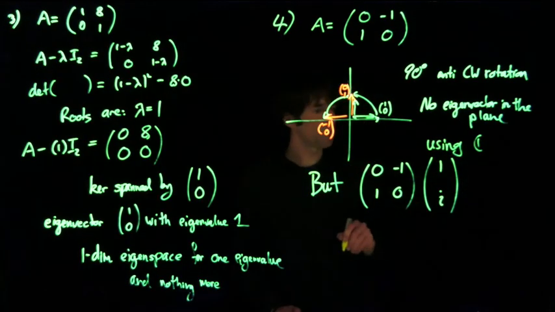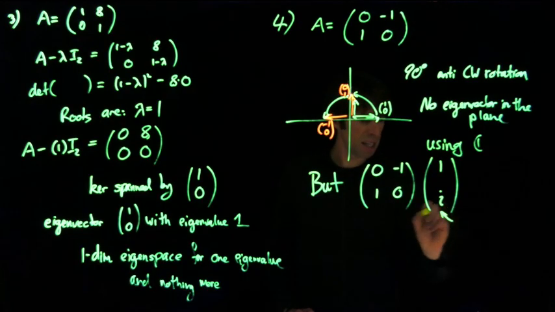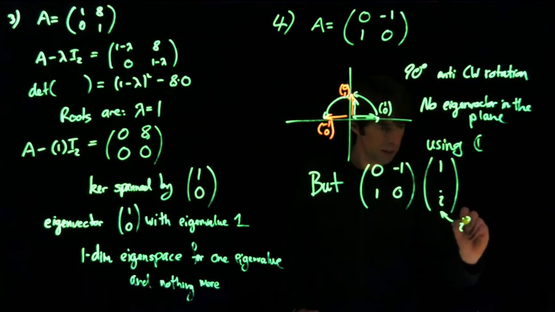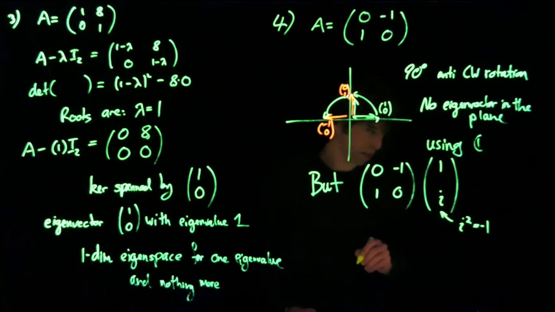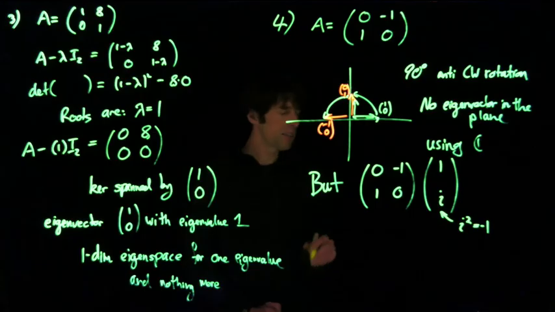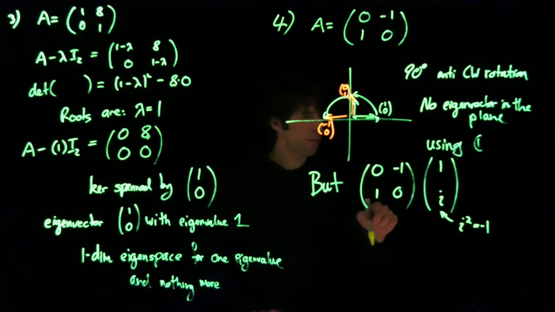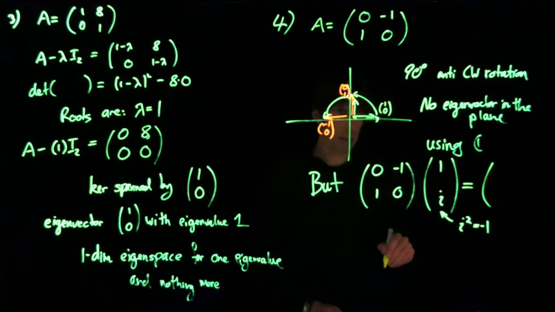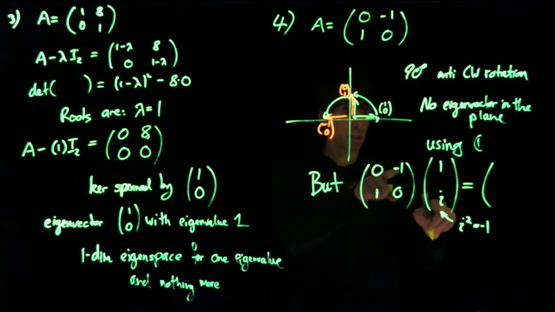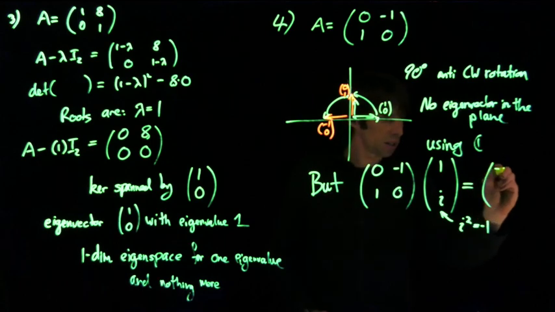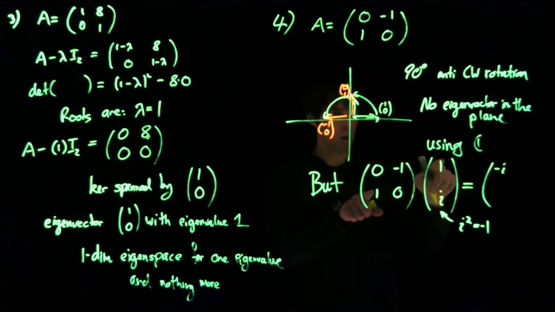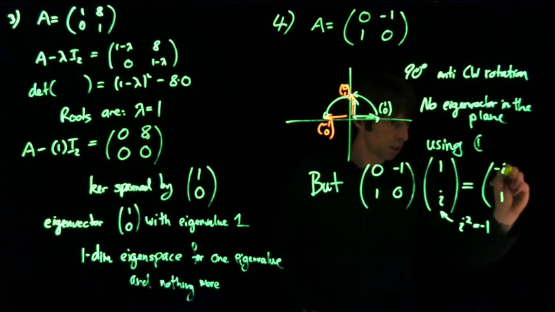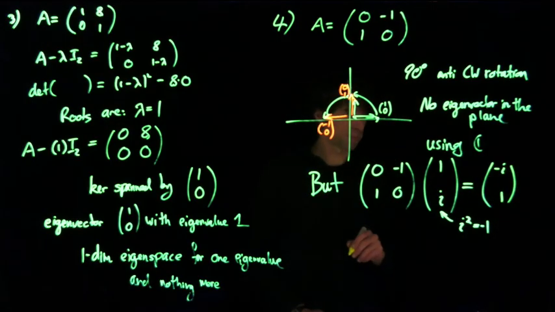Now I'm going to allow myself to use complex numbers, and this i here is that very special complex number, i squared is equal to minus 1. So we're adding the complex numbers into the game here. What happens when I do this multiplication? Well, I get a vector that is 0 times 1 plus 1 times i in the first component, minus 1 times 1 and 0 times i in the second component. So I get i, minus 1.